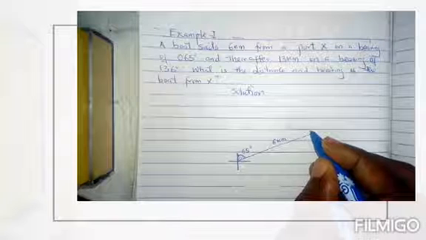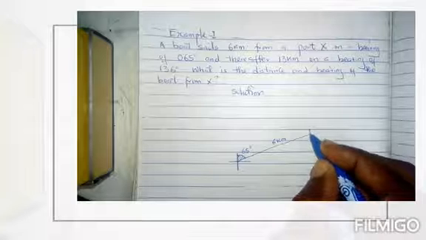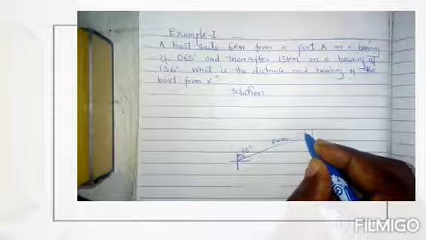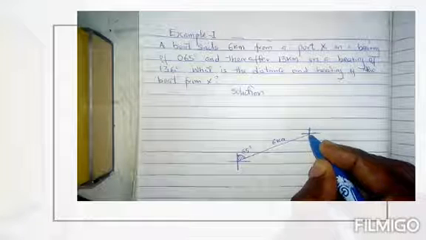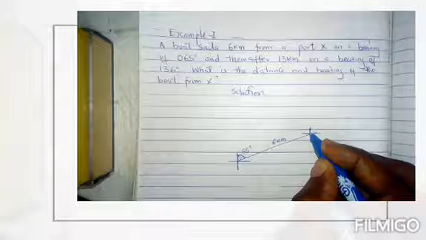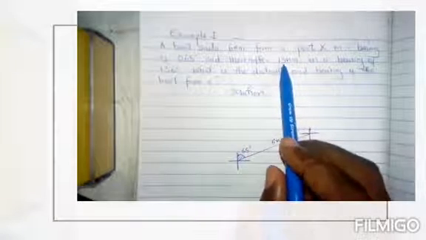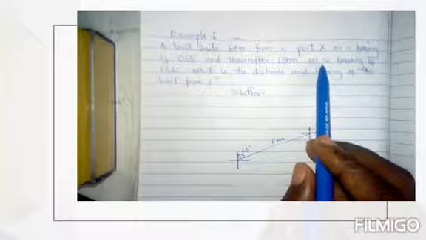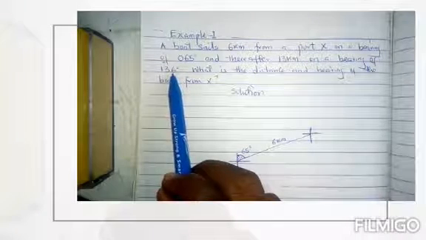Then on getting here, any point you get to, because they said thereafter, put your 4 cardinal points. Make sure your line is exactly at the center of that 4 cardinal point. Now at this point, the boat is here. They say thereafter 13 kilometers on a bearing of 136.